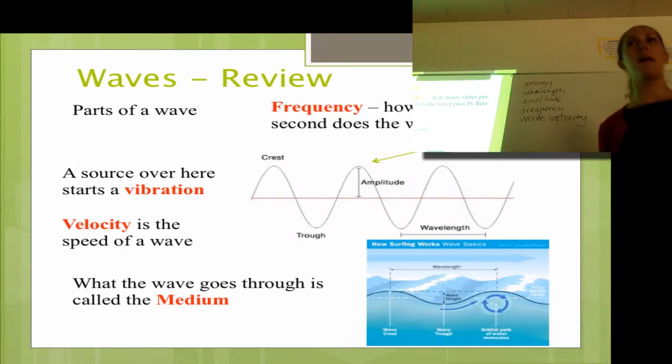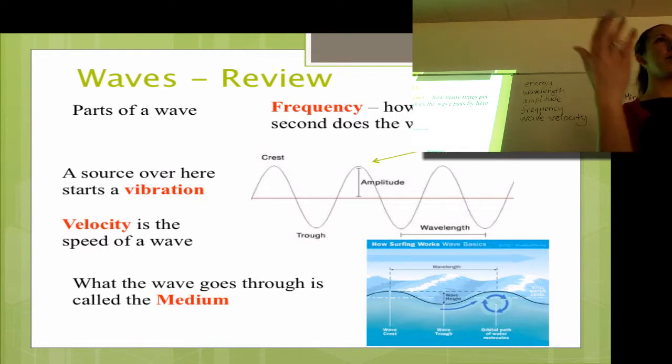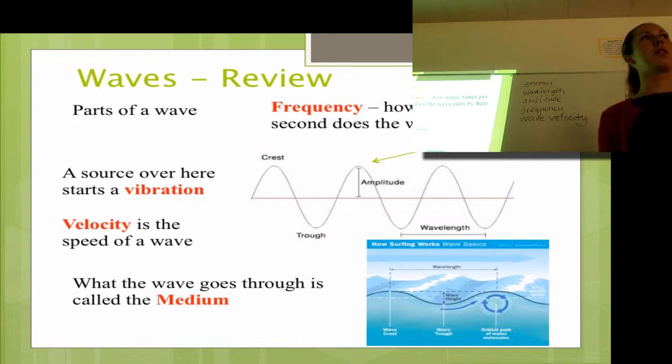For them to actually happen, they have to travel through a medium. Like sound waves wouldn't happen if there was no air for them to travel through. It's like that weird question: if a tree falls in the woods and no one's around to hear it, does it make a sound? Yes, because there's air. But if a tree falls in a vacuum, then no sound happens because there's nothing there to carry it.